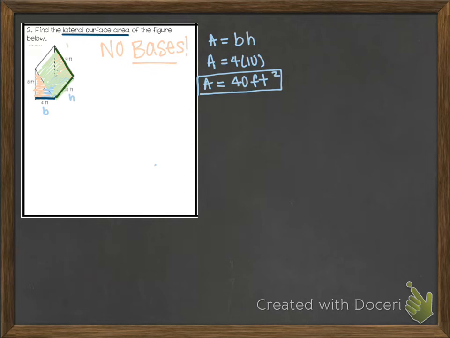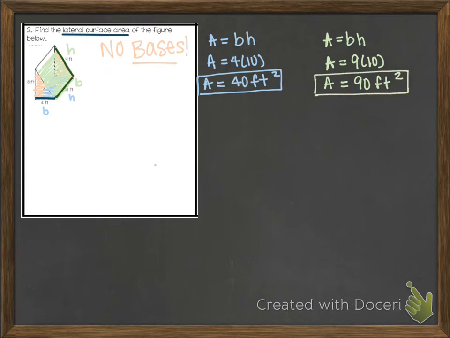So height of 9 and base of 10. Area equals base times height, and area equals 9 times 10. So area equals 90 feet squared. Awesome. Is that all I need to do? No. We only have one of the blue rectangles, but of the green we have 2 of them.